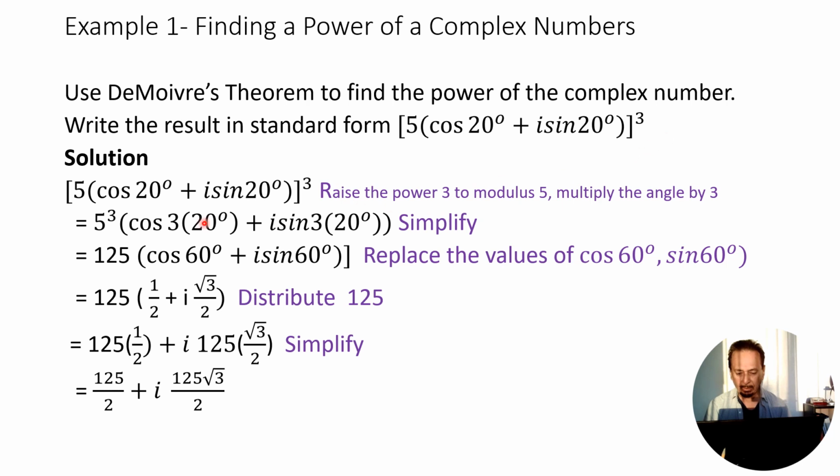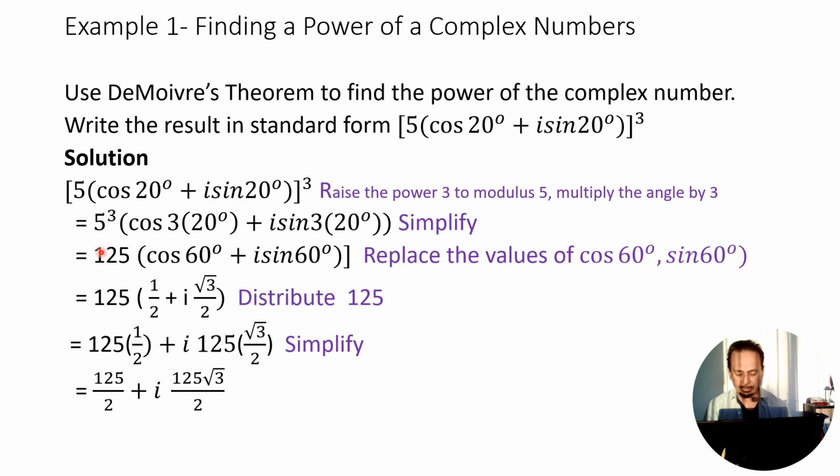So let's start with this. Now 5 is the modulus and 20 degrees is the angle. So we're going to raise the modulus to the power 3 and multiply the power 3 with the angle.